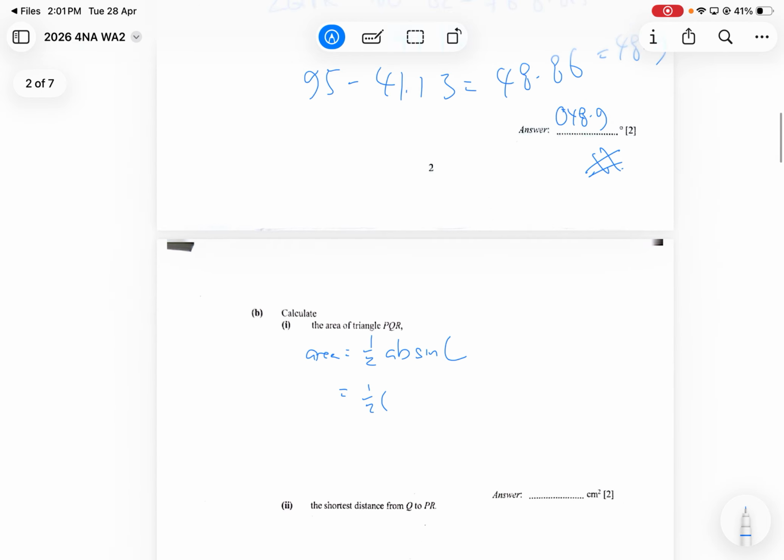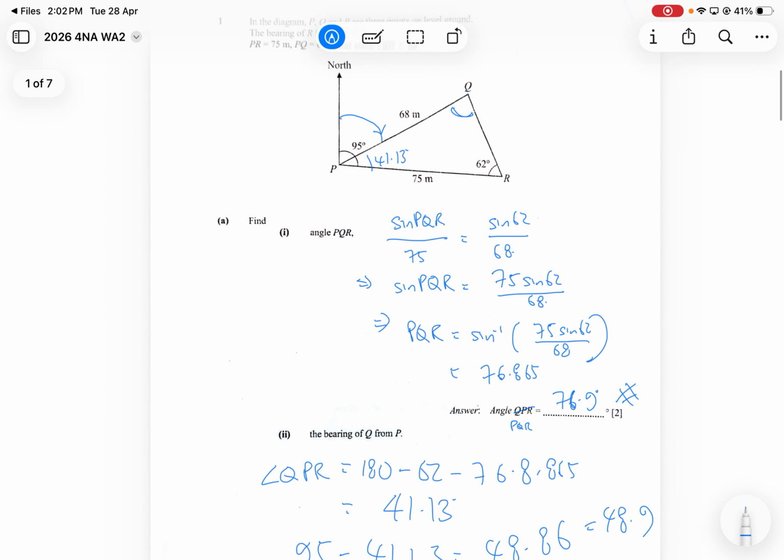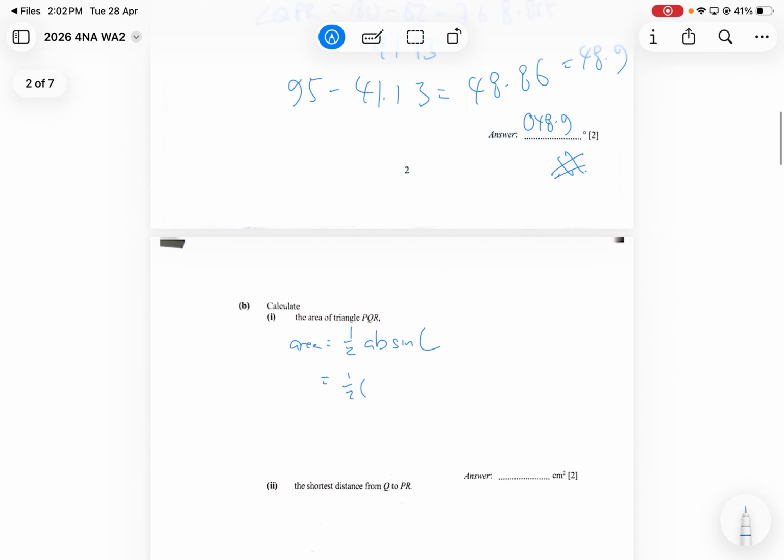The two lengths are 68 and 75. Then my sine of the angle is 41.13.